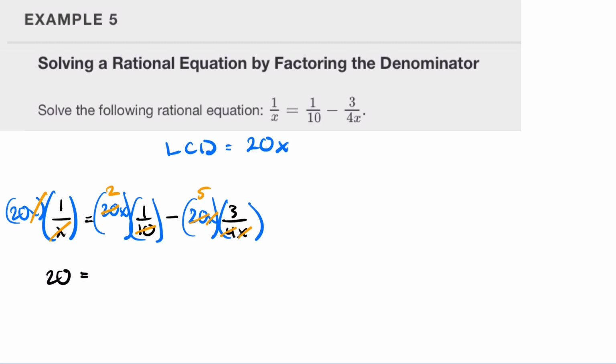The first term, we have a 2x remaining, and in the second one, it's minus 15. Add 15 to both sides. 17.5. So x equals 35 over 2.